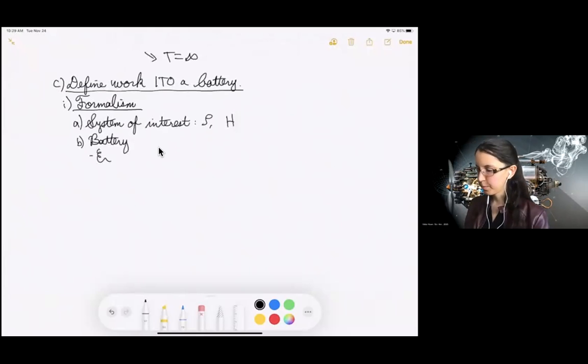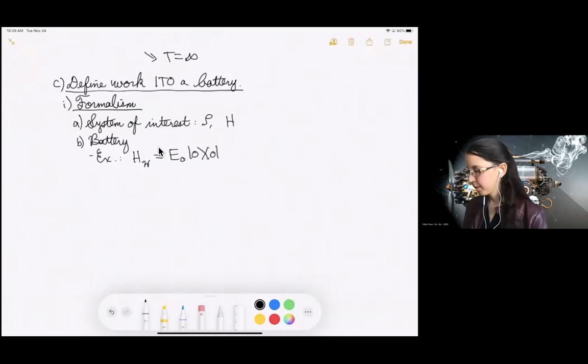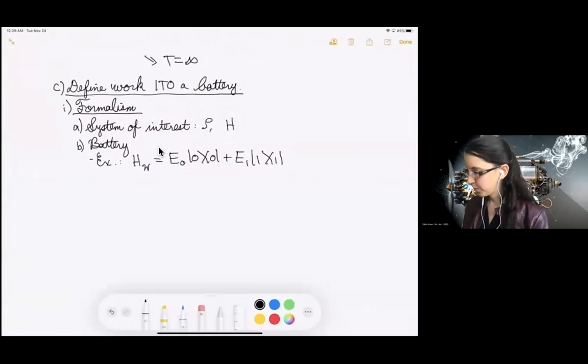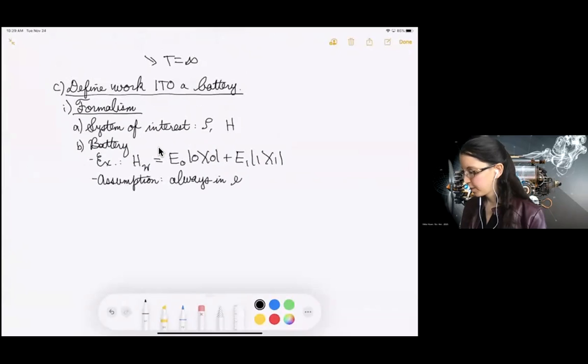In the simplest example, the battery is a qubit governed by some qubit Hamiltonian with energies E0 and E1. Also, often people will assume that the battery is always in an energy eigenstate.